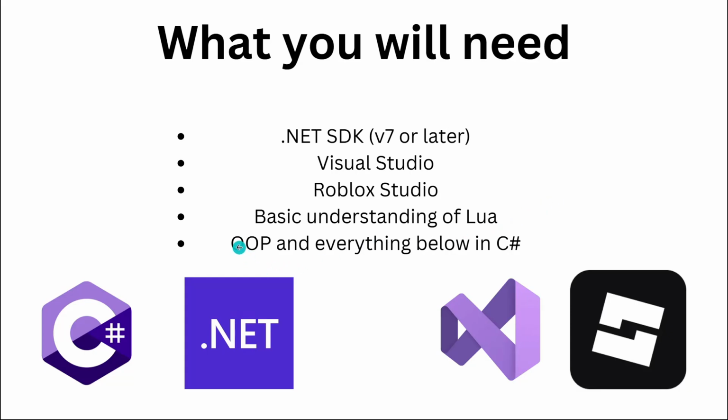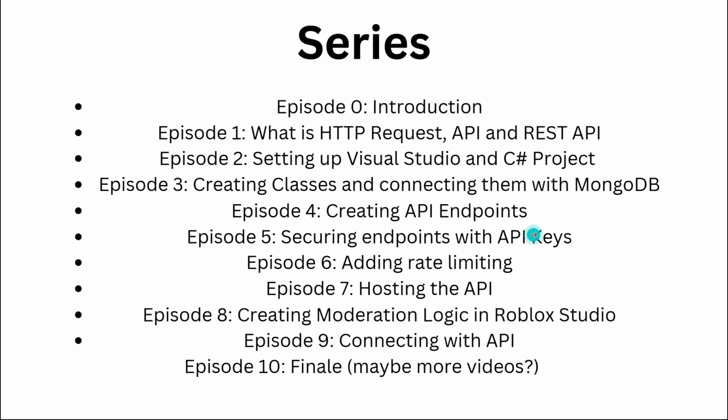And you need to know, essentially, object-oriented programming in C#. Now, this is not really required. I'm going to, of course, guide you along the way. But if you want this to go as smoothly as possible, you can check it. I'll provide in the description a link to W3Schools, which is a really nice website to learn some basics. And this is everything that you actually need for the tutorial.